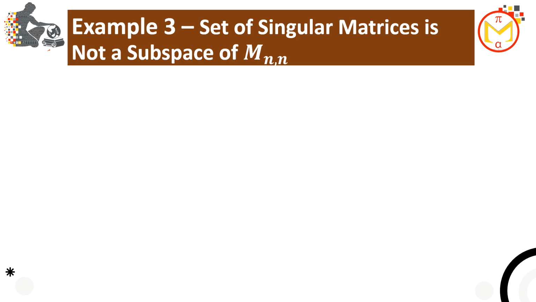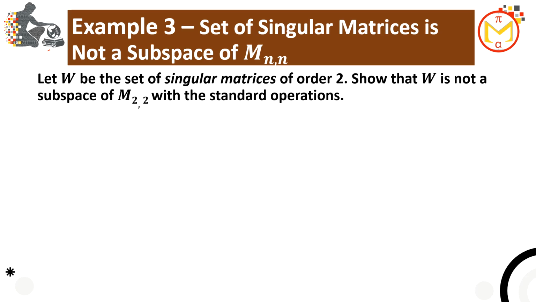All right, example 3. Let's have another example. A set of singular matrices is not a subspace. Why? Let W be the set of singular matrices of order 2. Show that W is not a subspace of M 2 by 2 with the standard operations.